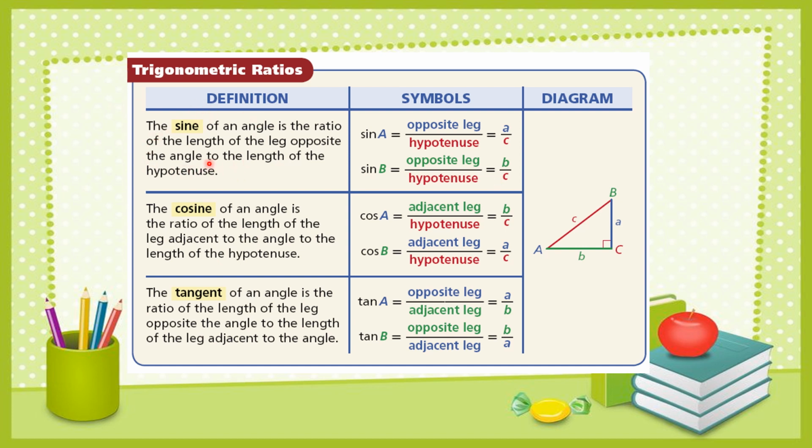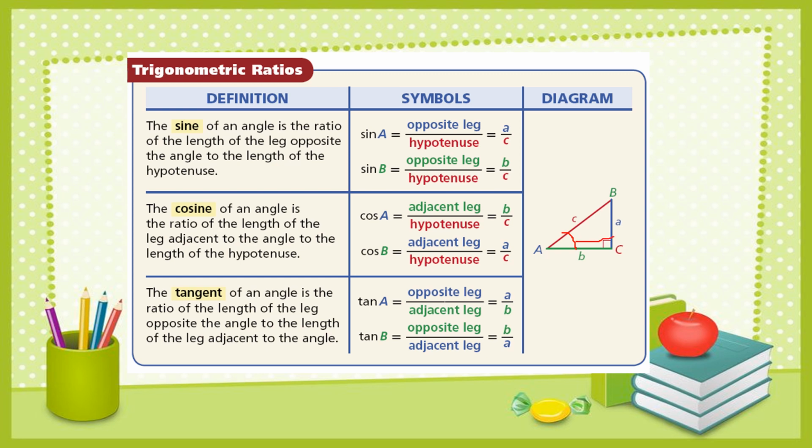So how do we find, or what is sine? Always remember, the sine of an angle is the ratio of the length of the leg opposite the angle to the length of the hypotenuse. So using our symbol from the diagram itself, sine A. Here is our angle A. Where is the opposite?